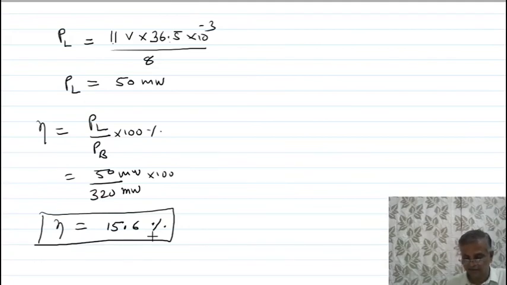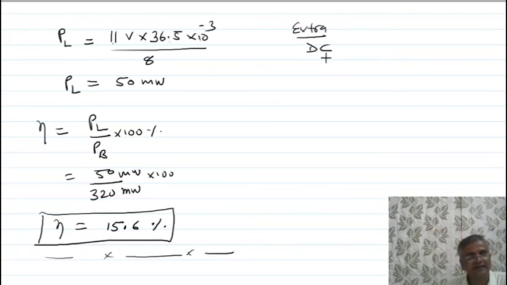Okay. Now let me just revise a few lines of a few chapters. We have discussed the DC load line. Then we have discussed the Q point, that is very important. Q point is the operating point.